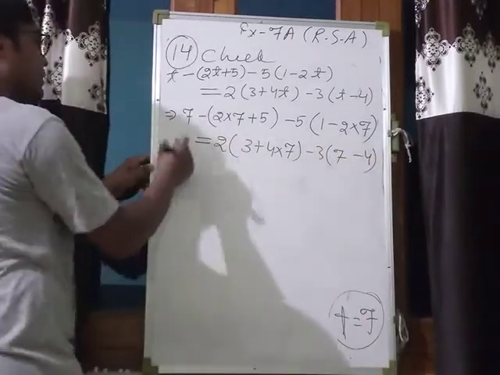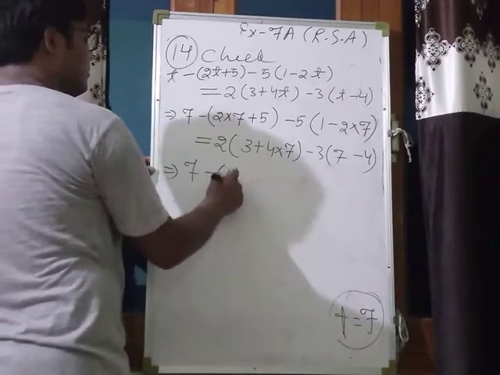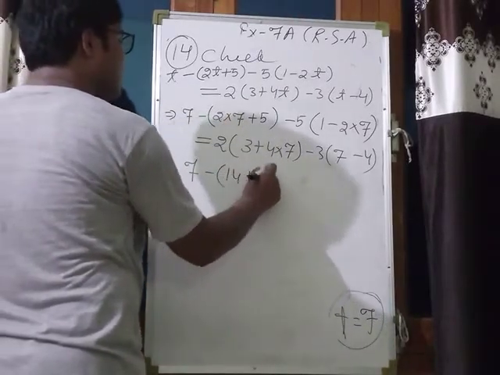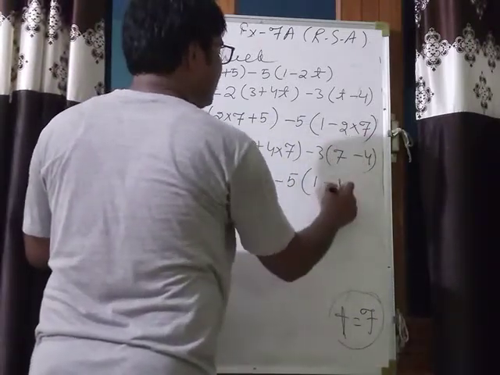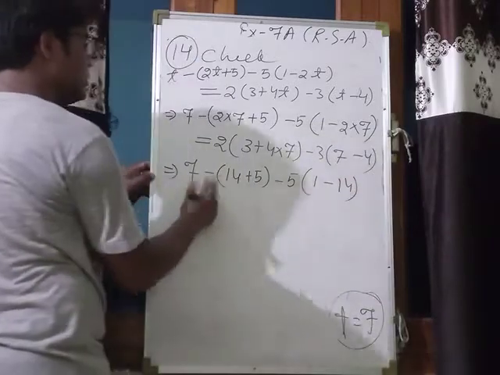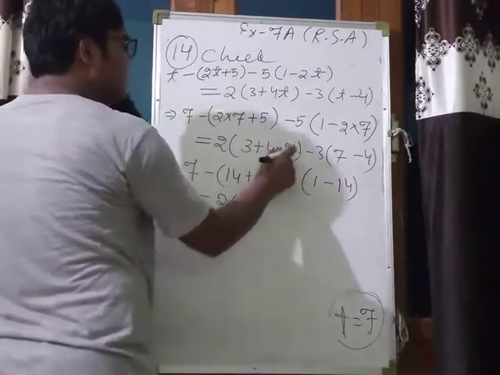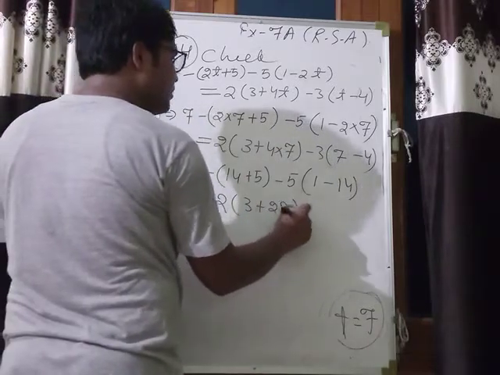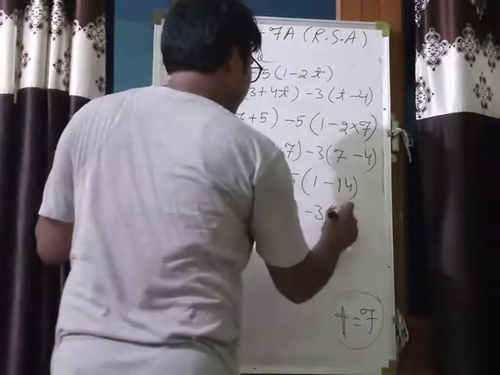Now what we have, this is 7 minus 2 7s are 14 plus 5 minus 5 into 1 minus 2 7s are 14, that is equal to this is 2 into 3 plus 4 7s are 28 minus 3 into 7 minus 4, that is 3. Solve it.